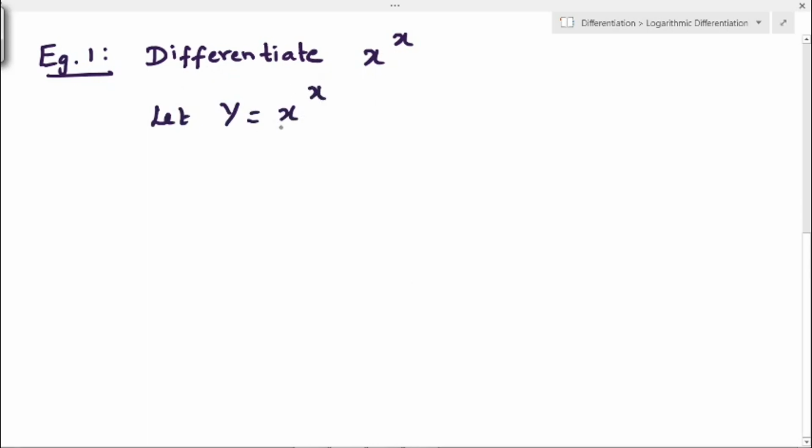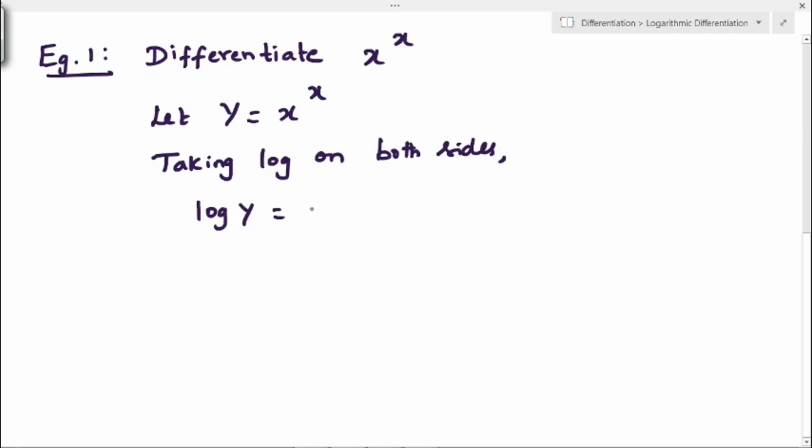Before differentiating this, first we have to take log on both sides. So I am taking log on both sides. So the left hand side will become log y equal to log of x to the power x.